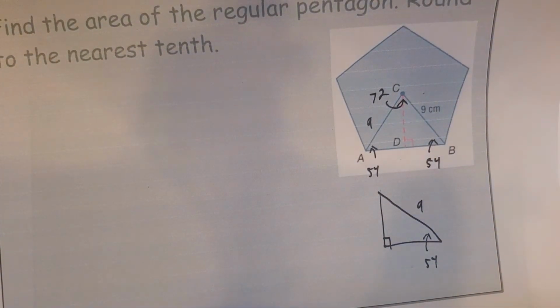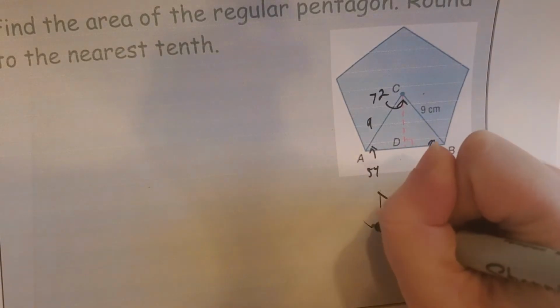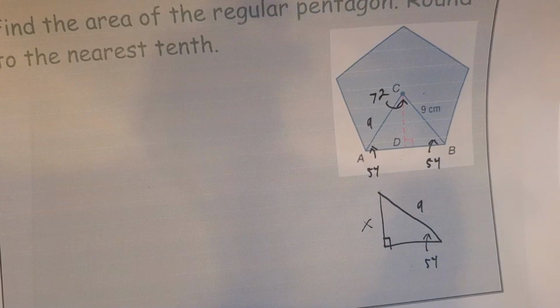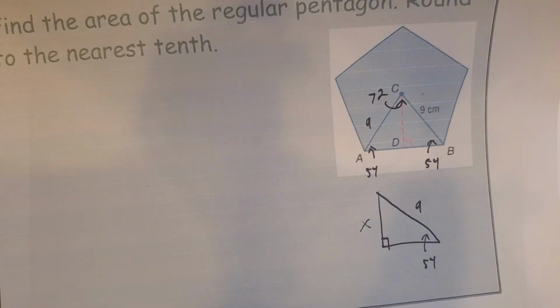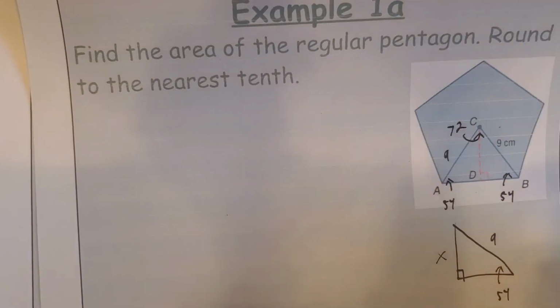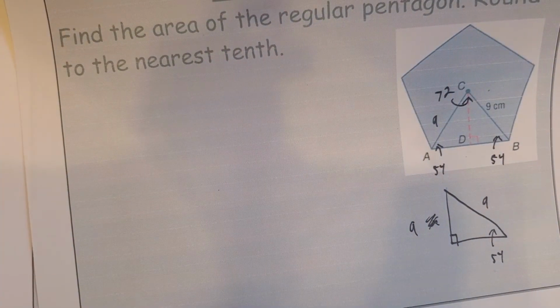So let's say we want to find the apothem first. We'll call this X. X is opposite the 54 degree angle, and 9 is our hypotenuse. So opposite and hypotenuse goes with sine. So I'm actually going to rename this A for the apothem.